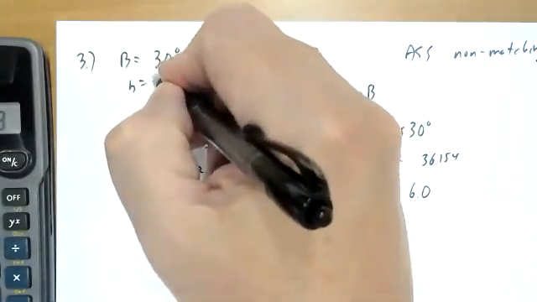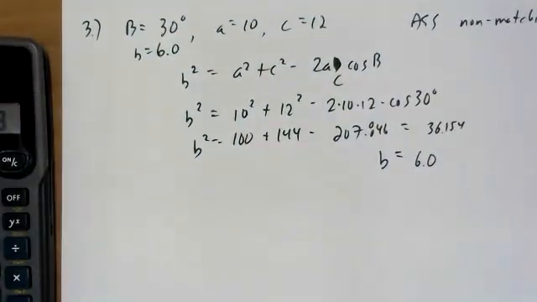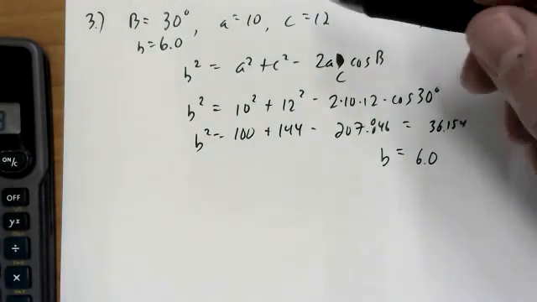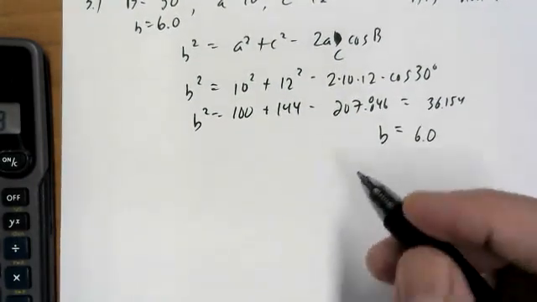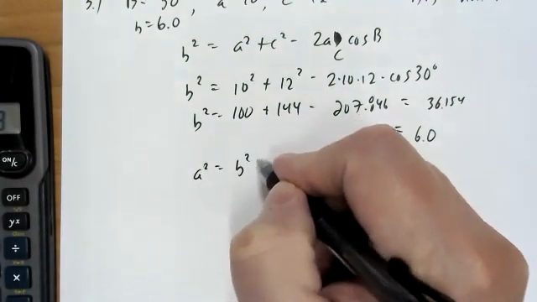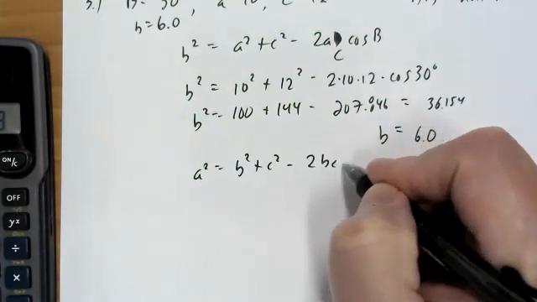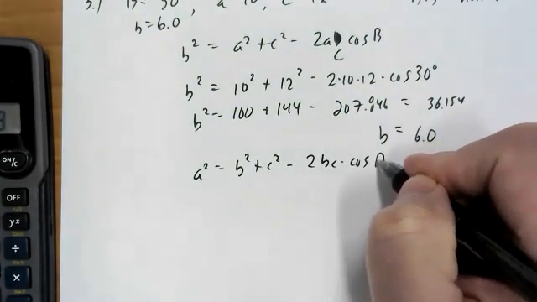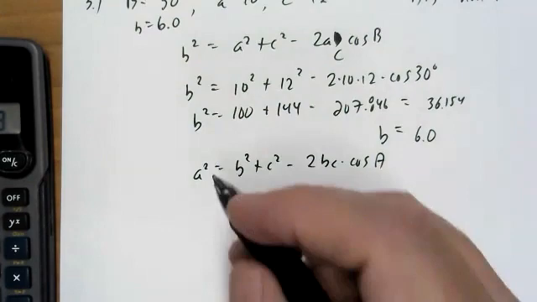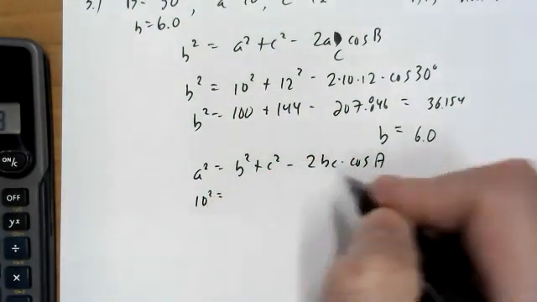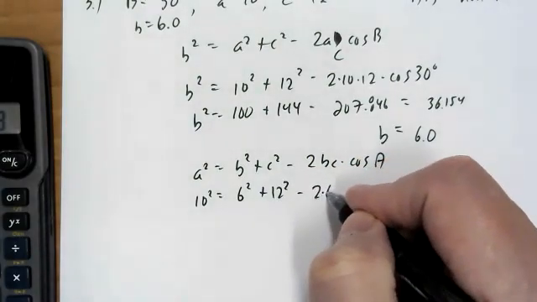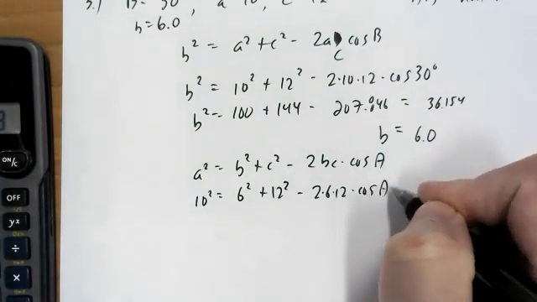So that's B. Now that I know B, let's figure out A. So A squared equals B squared plus C squared minus 2BC times cosine of A. So now I know A is 10 squared, B is 6 squared, C is 12 squared minus 2 times 6 times 12 times cosine of A.